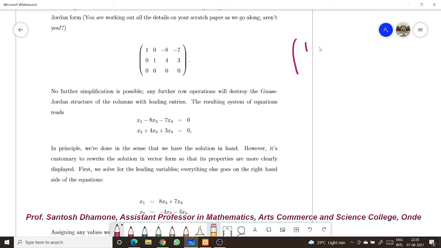If this condition happens, then your system of equations has a non-trivial solution, that is, a non-zero solution.